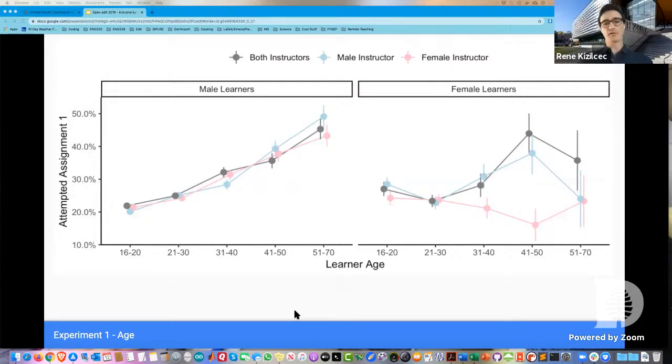Some survey findings show that this is related to perceptions of status, although expertise was pretty similar. So we think that maybe the stereotypes that women have who are older when coming into the environment led them to be less likely to continue in the environment when they saw just one female instructor. All right, let's look at the next one.